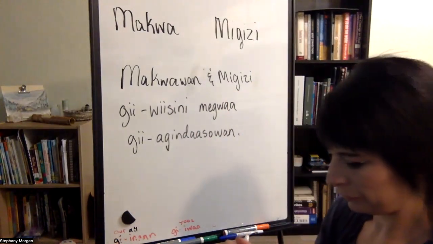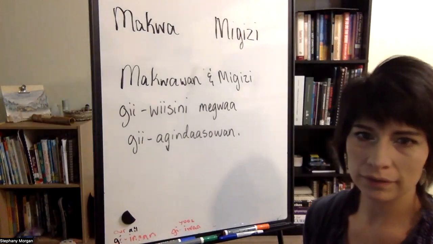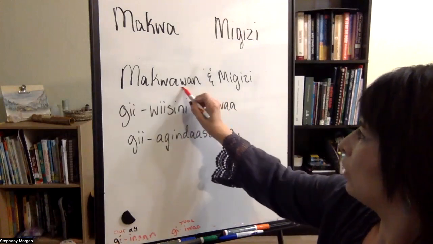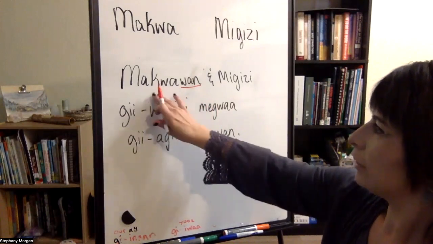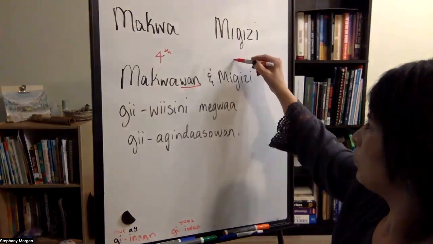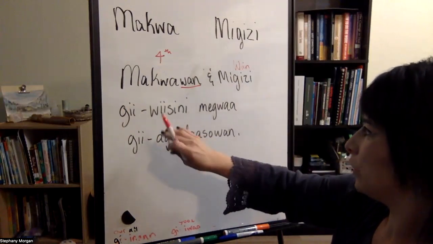What you have to do first is pay attention to which one has the inanimate marker. It looks like one is attached to Makwa, so he is fourth person right now, and that means Migizi is ween, third person. Wisine.